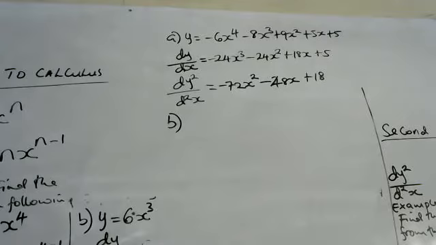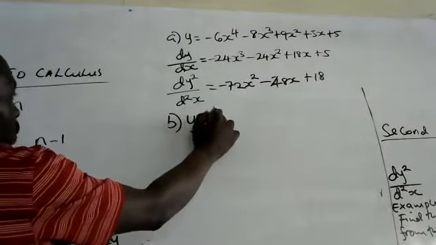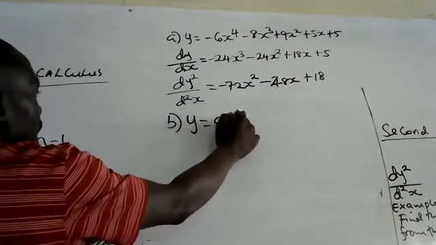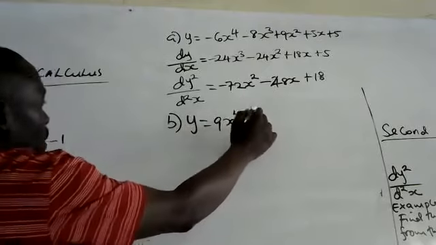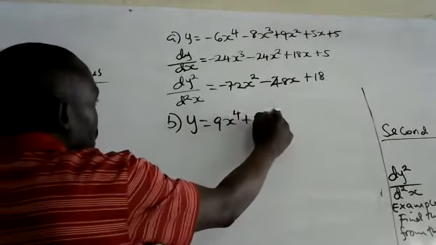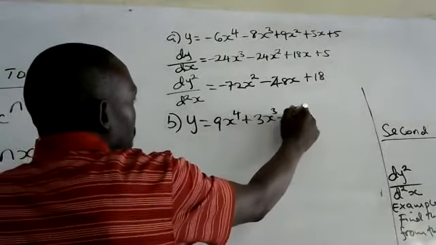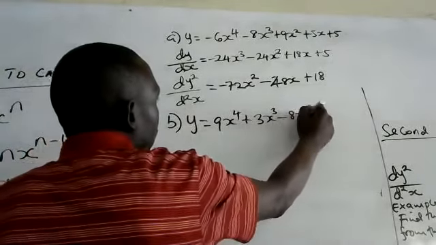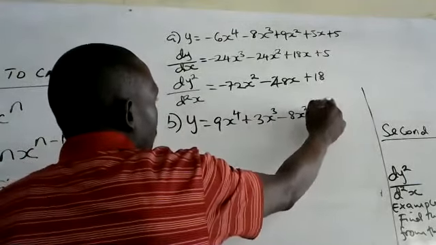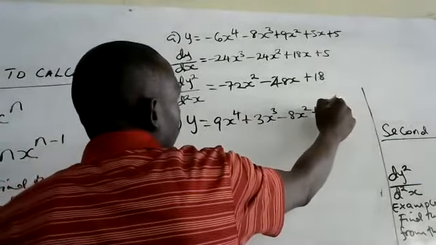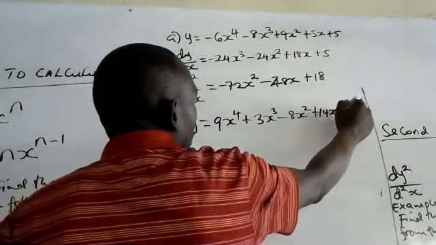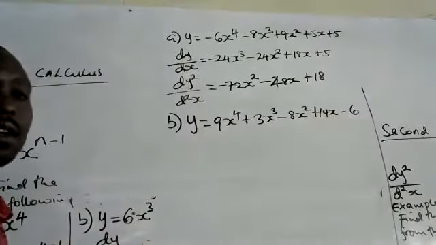So if you have got y is equal to 9x power 4 plus 3x power 3 minus 8x squared plus 14x minus 6.